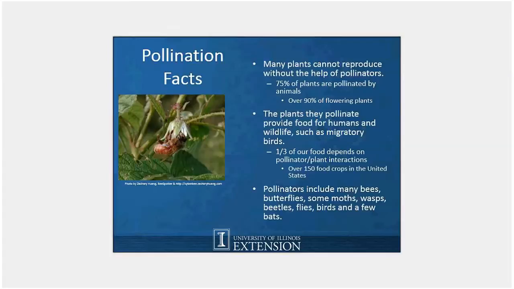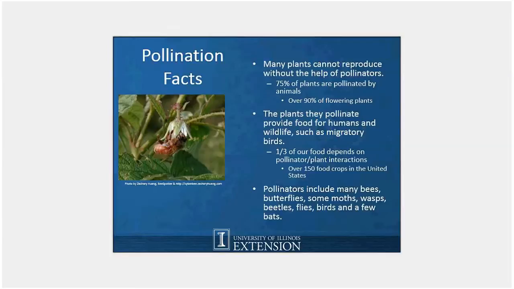These plants not only provide food for humans but also for wildlife, such as migrating birds. About a third of our food supply depends on some kind of pollinator-plant interaction, which is over 150 different kinds of food in the United States.